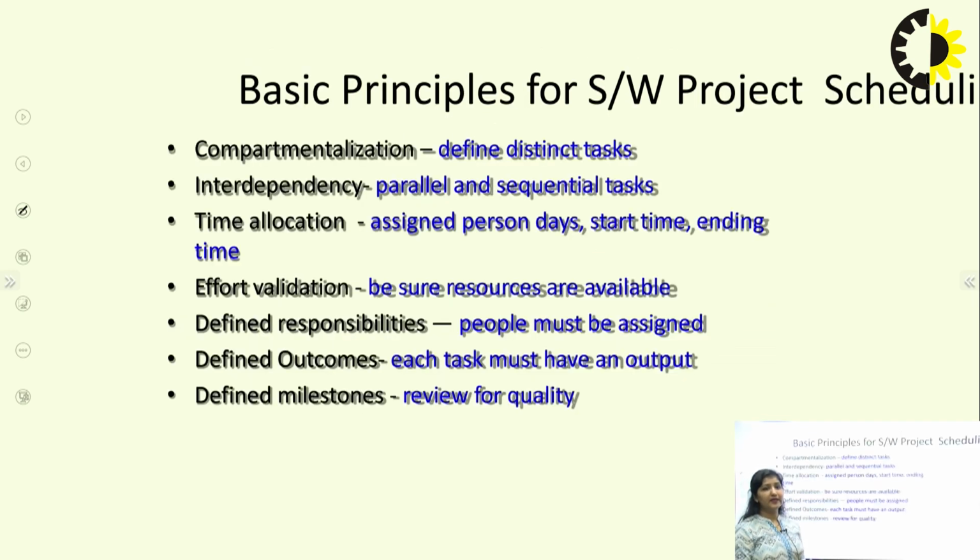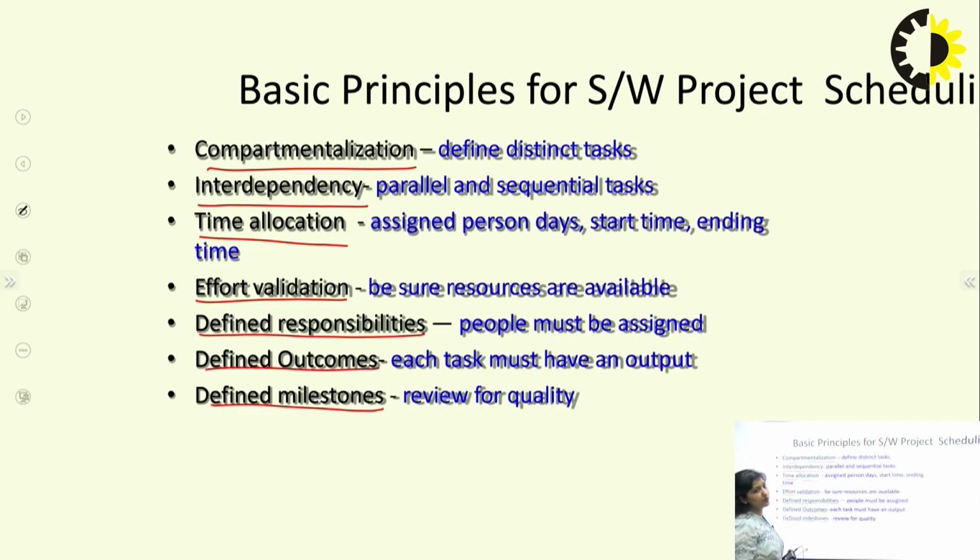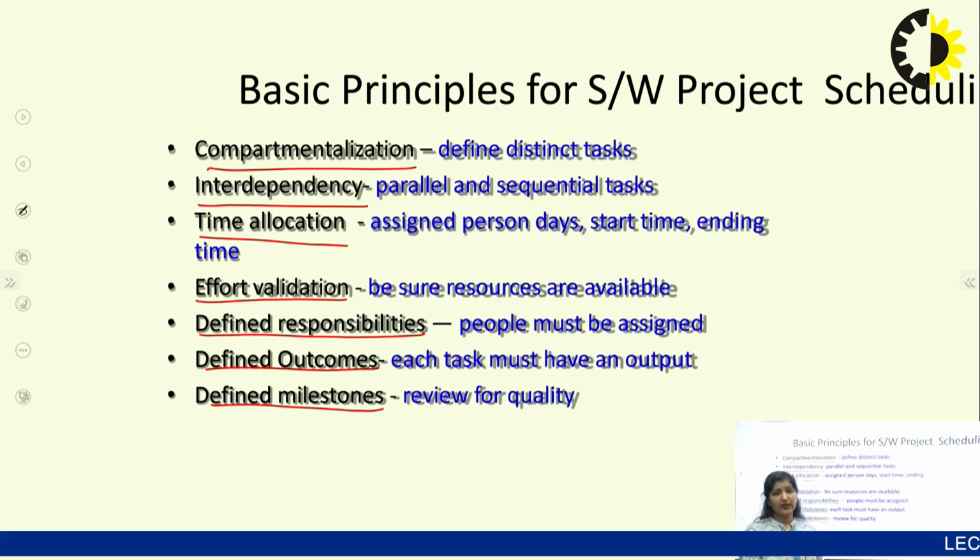Now there are basic principles for a software project schedule. We have compartmentalization, interdependency, time allocation, effort validation, defined responsibilities, defined outcomes, and defined milestones. Let's see what these are. Compartmentalization means defining the distinct tasks. Interdependency means the parallel and the sequential tasks that need to be taken care of.